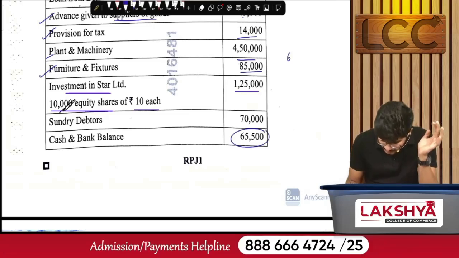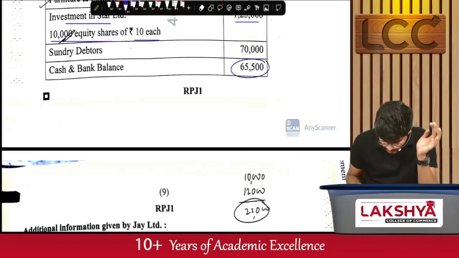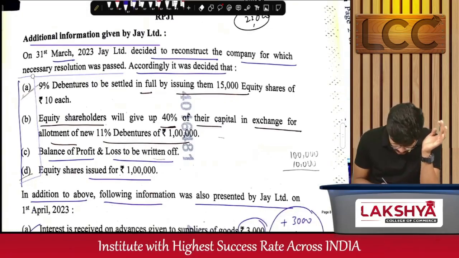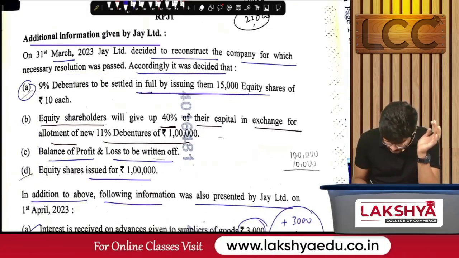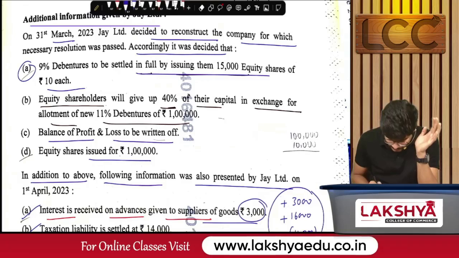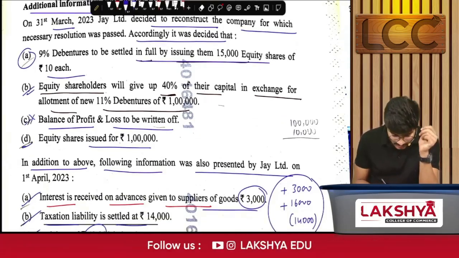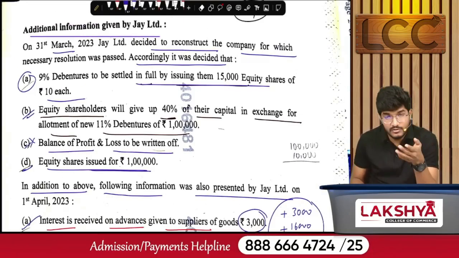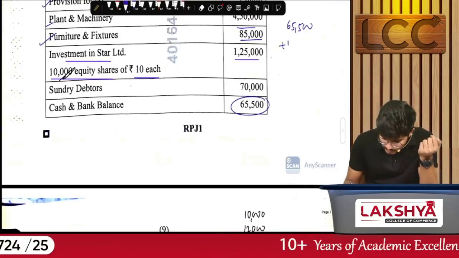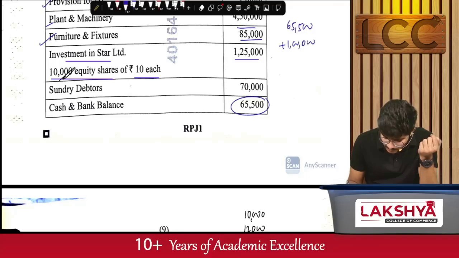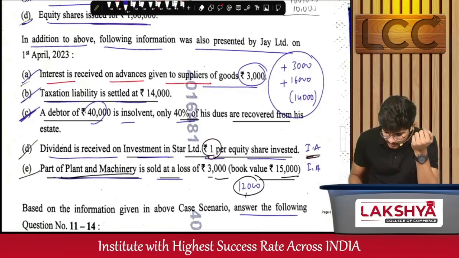Existing cash and bank balance 65,500. Next, in point A, nowhere is there any payment or receipt. And in point B, no payment or receipt. And in point C, no payment or receipt. Point D, company issued equity shares of rupees 1 lakh, right? So there is an inflow of cash. So 1 lakh inflow of cash, total it becomes 1,65,500.